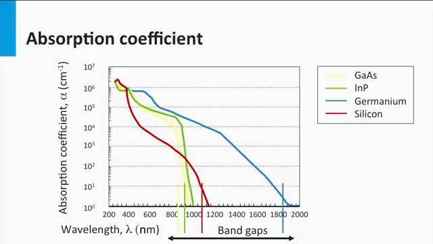photon energy. Secondly, if we focus on the visible spectral part from 300 nanometers up to 700 nanometers, we see that the absorption coefficient of indium phosphide and gallium arsenide is significantly higher than that for silicon. This is related to the fact that indium phosphide and gallium arsenide are direct bandgap materials, as discussed earlier.